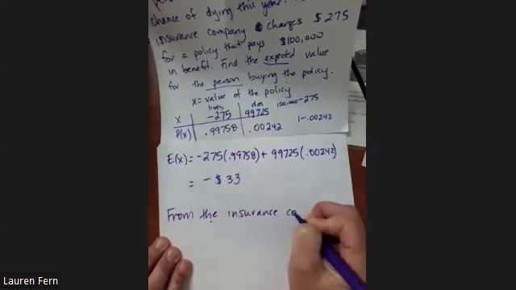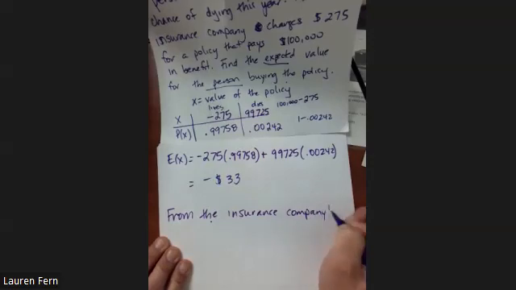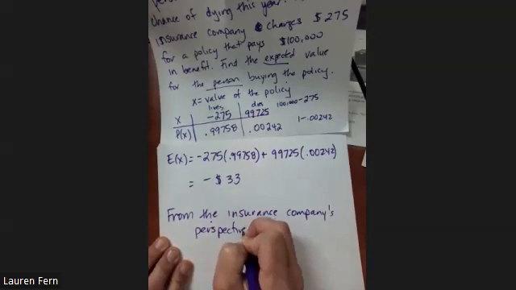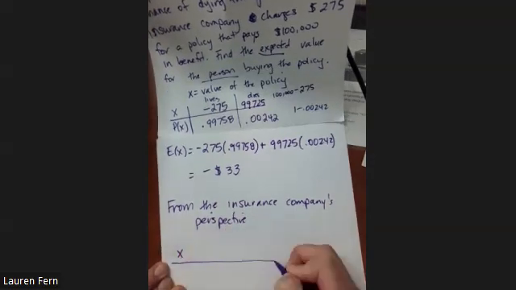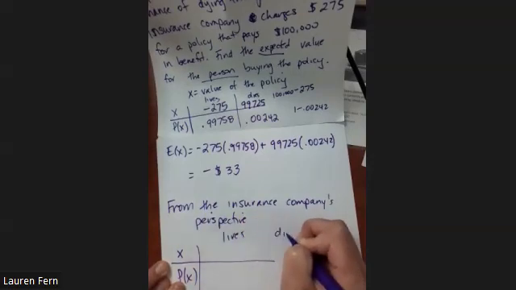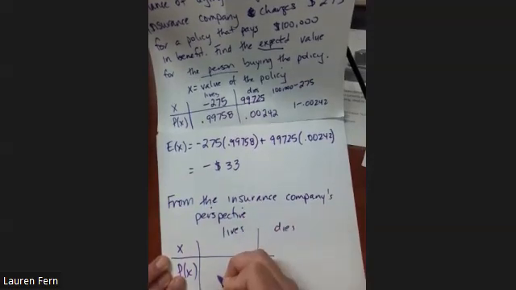Now, from the insurance company's perspective, the probabilities don't change. Right? The probability that this person lives or dies stays the same.